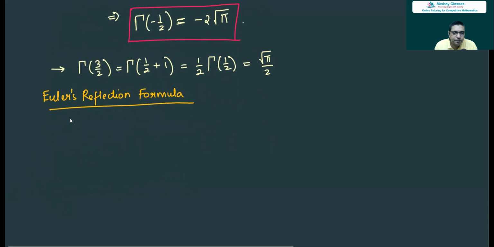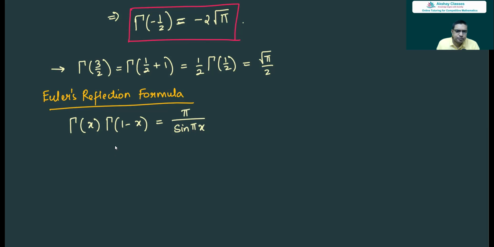There's a formula, gamma of x into gamma of 1 minus x is pi upon sine of pi x. So from here, by suitable substitution, x as 1 by 4, you get gamma of 1 by 4 into gamma of 3 by 4 is 2 root pi.